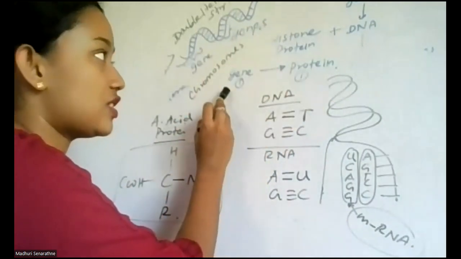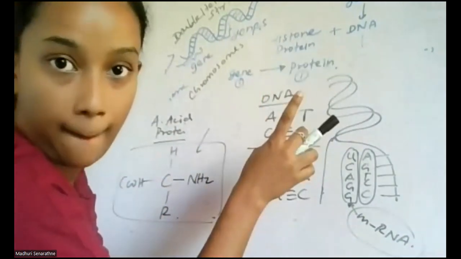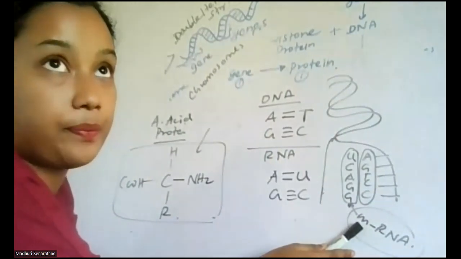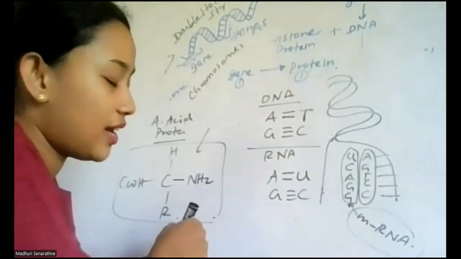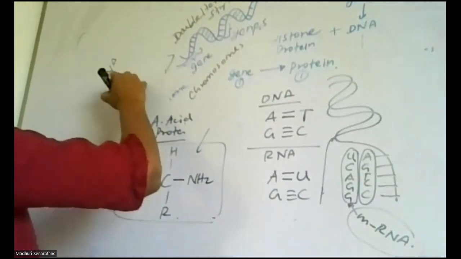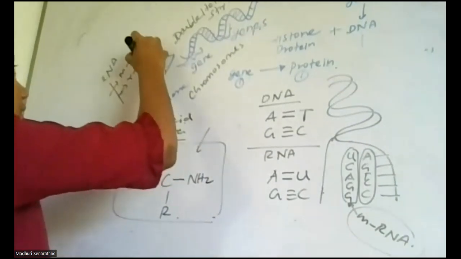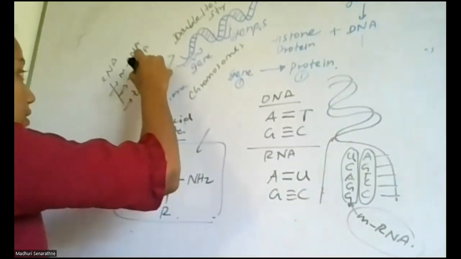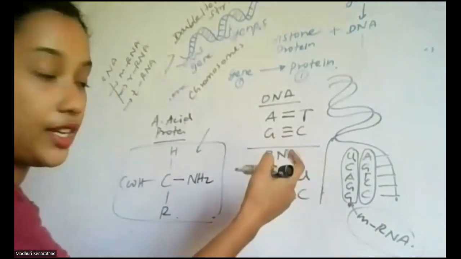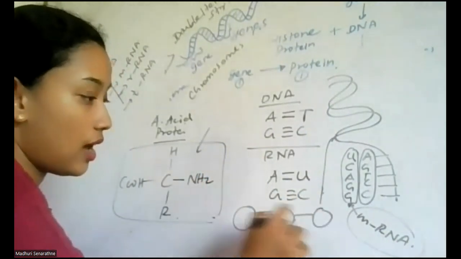Each and every gene is specified to each amino acid. Then, according to this mRNA, there are other types. RNA is of types mRNA, rRNA, and tRNA. According to the message of mRNA, tRNA molecules carry amino acids.